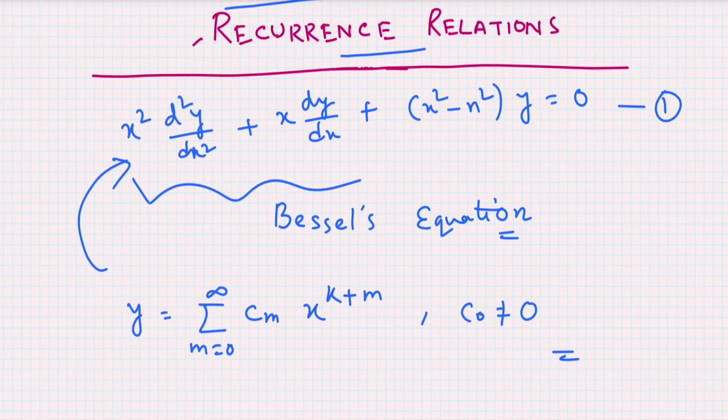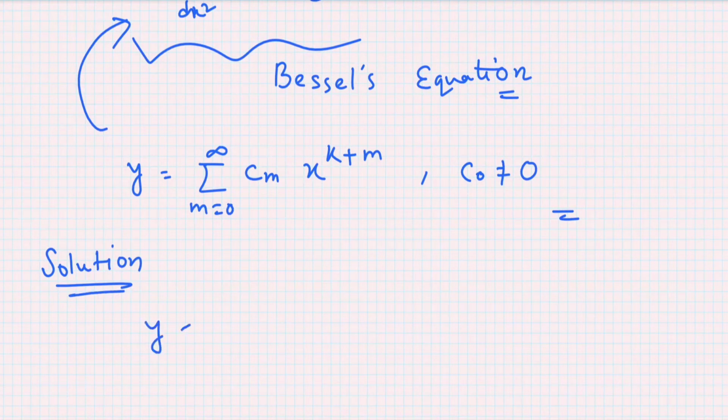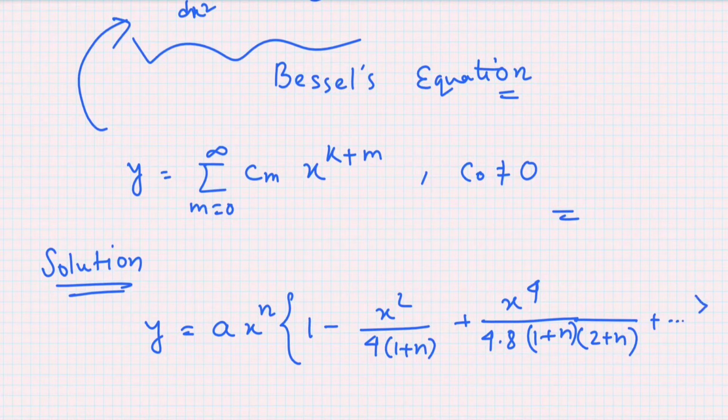After calculating the coefficients c1, c2, cn and so on, we get solutions of this type: y equal to a x power n into the series 1 minus x square by 4 into (1 plus n) plus x power 4 by 4 into 8 into (1 plus n) into (2 plus n), and so on.